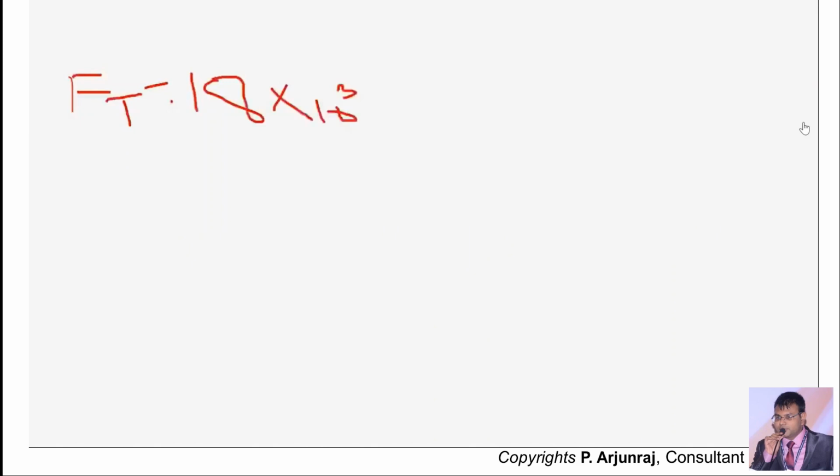It is going to be 18 into 10 power 3 Newton. And the shear load, it is nothing but Fs. What they given us for the problem is going to be 12 kilonewton, which is nothing but 12 into 10 power 3 Newton.